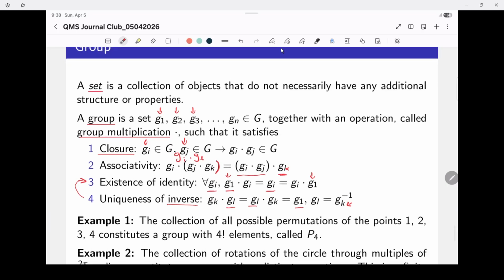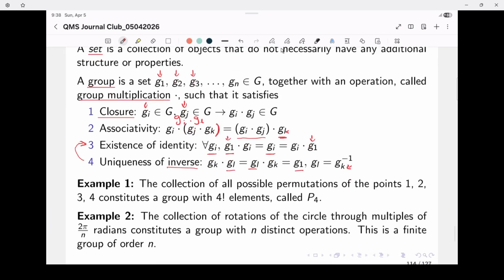So what would be examples of a group? The easiest one is the set of all possible permutations. Let's say you have 4 points, 1, 2, 3, 4, and you try to study all the possible permutations between these 4 points. You will have 4 factorial elements, and when you collect them together, this is called a permutation group, P4.